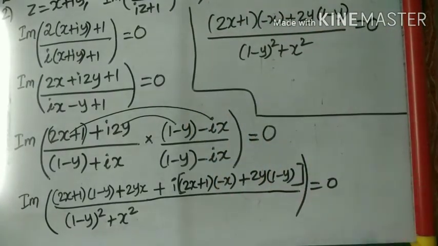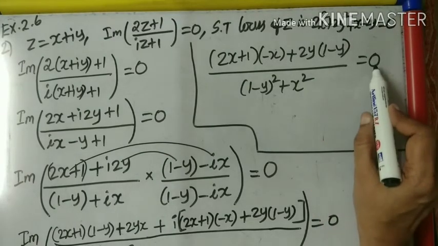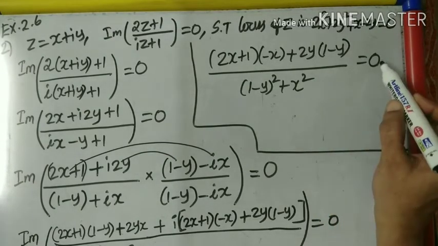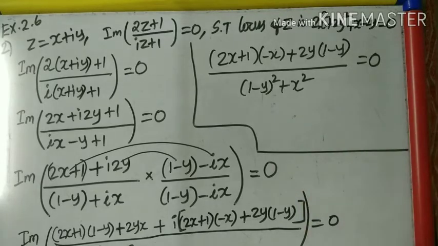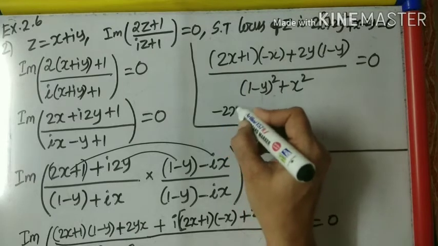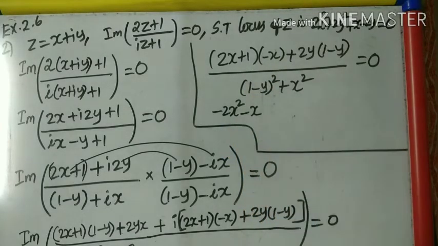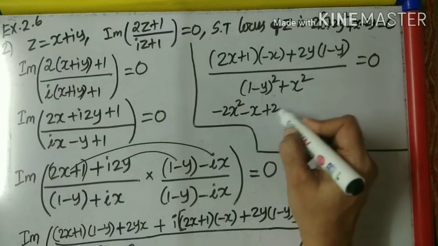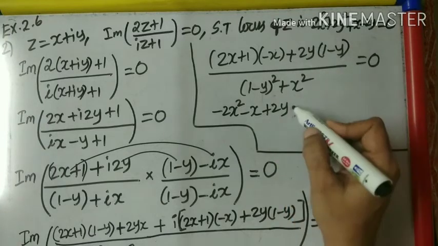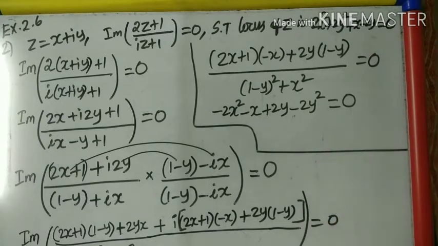So what is my answer? Whenever the right hand side is 0, I cross multiply, and that also becomes 0. Multiply this: 2x into minus x, minus 2x square; 1 into minus x, minus x; 2y into 1, plus 2y; 2y into minus y, minus 2y square. This is all equal to 0.